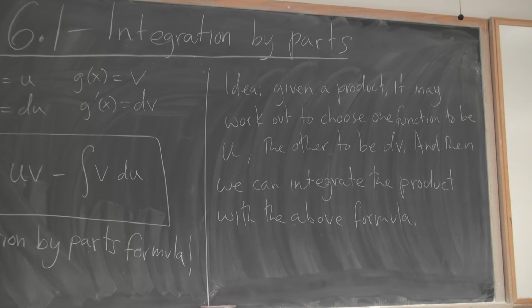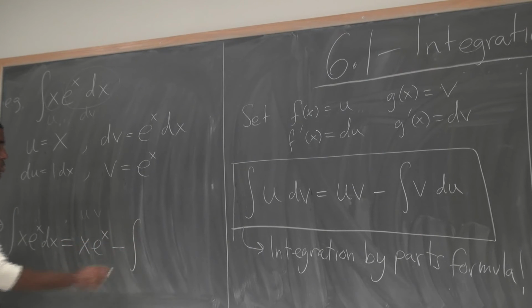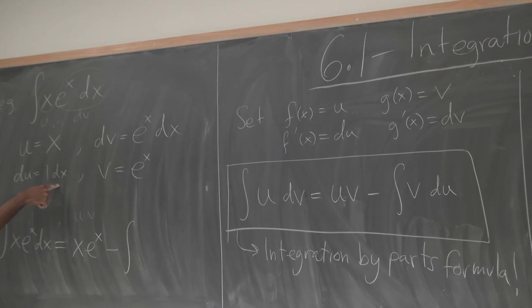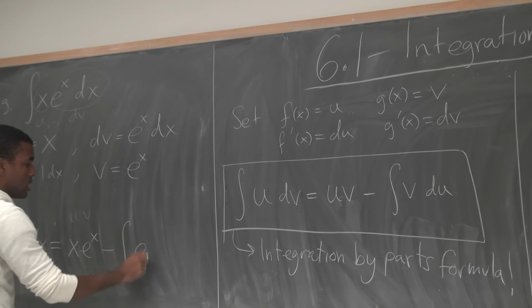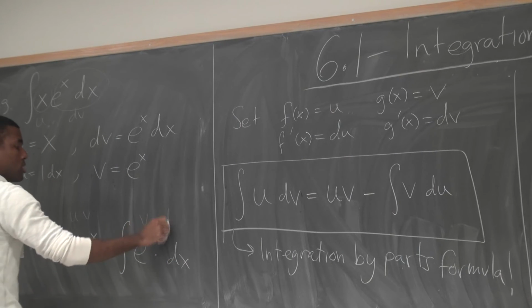So I'm going to take x e to the x, this is just my u times the v, minus the integral of v times du, right? So it's going to be e to the x times 1 dx, right? This is the v times du.